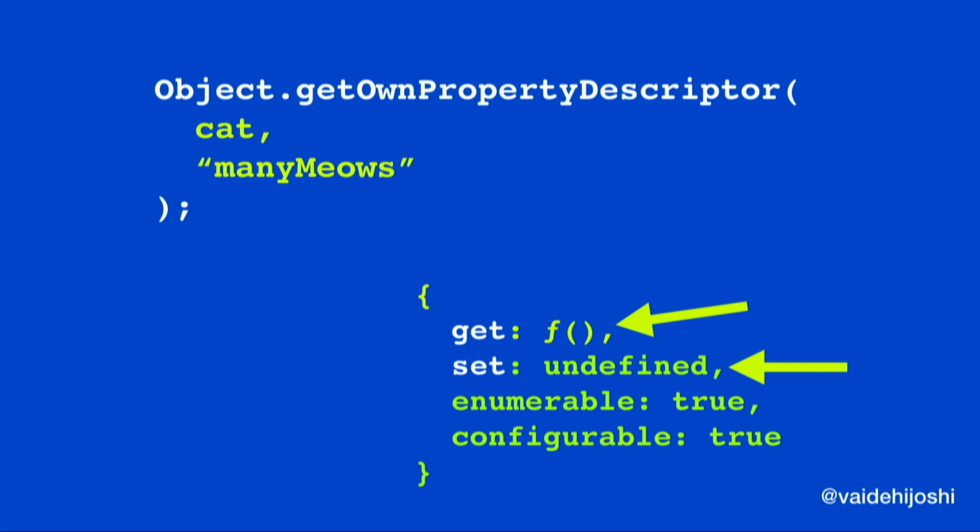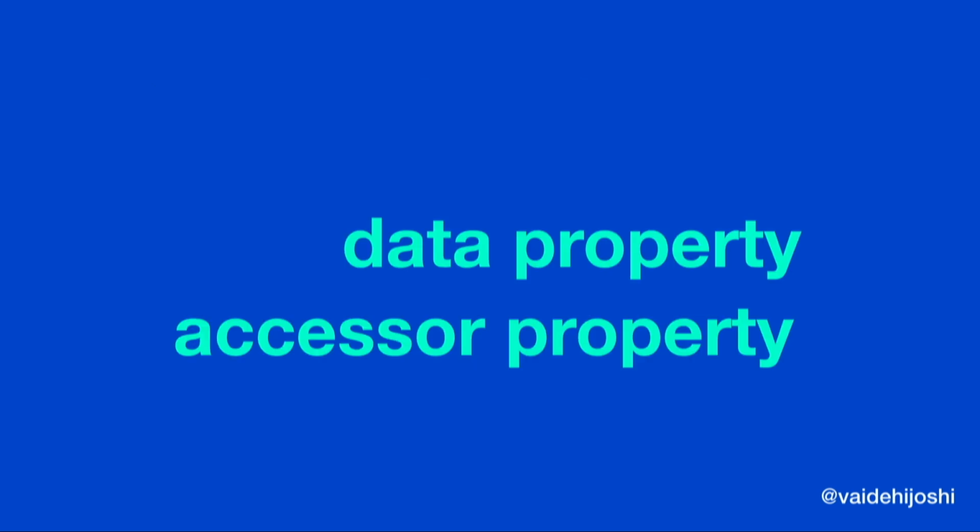Because if you imagine that we had both get and value, how would we know which one is going to give us the real data we're looking for? Is get going to give us the string, or is value going to give us the string? And if you think about it this way, it becomes a little bit easier to distinguish these two different types of property descriptors. So we have data properties, we have accessor properties.